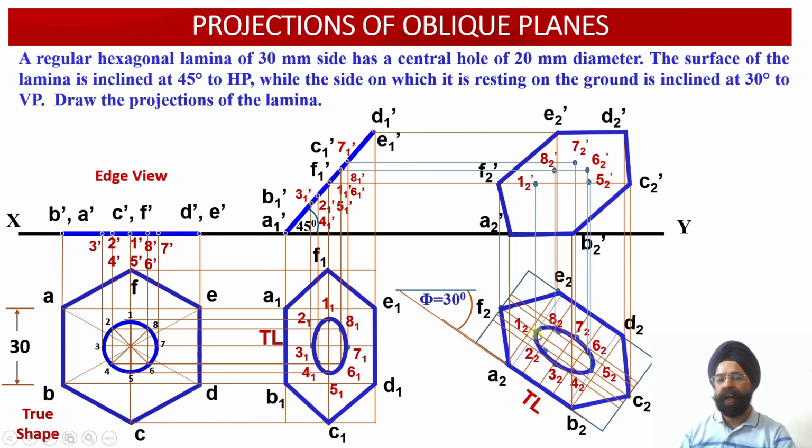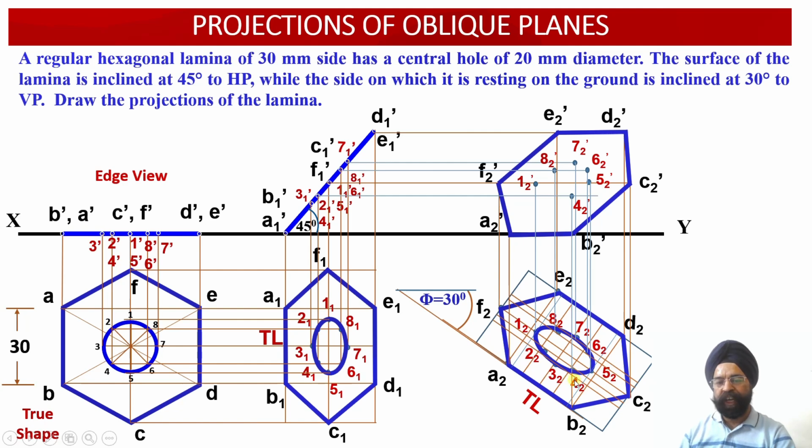Similarly, here we have the vertical projector drawn through the point 1-2 from the top view, and this is the horizontal projector drawn through the point 1-1 dash. The intersection of these two projection lines has provided us with the point 1-2 dash in the front view projection. Next, you have got point number 4.